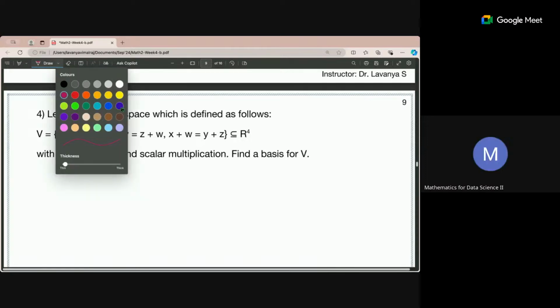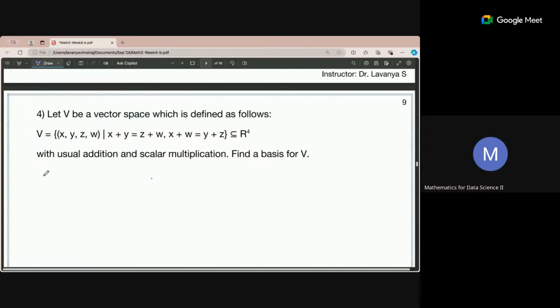So here you have x + y = z + w, which is the first equation, and the second equation is x + w = y + z. From the first equation we can write w = x + y - z.